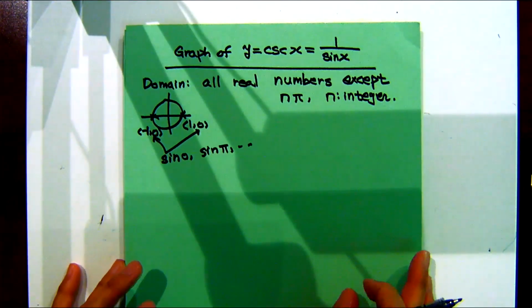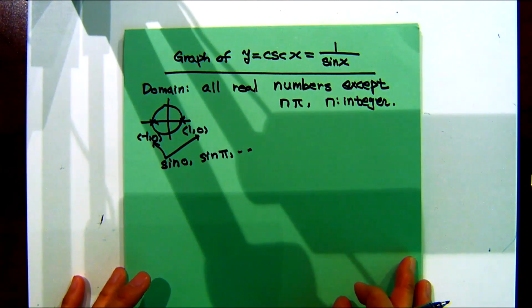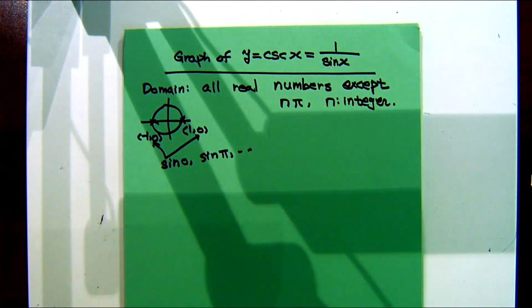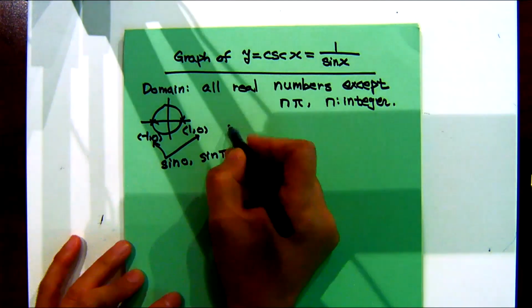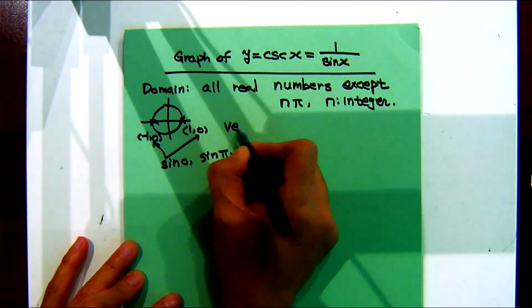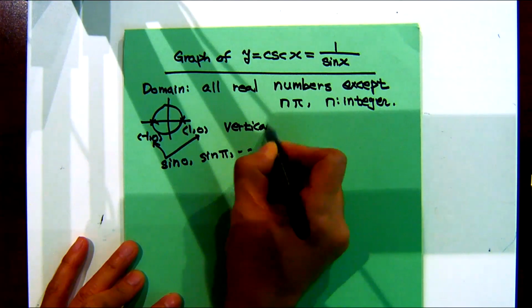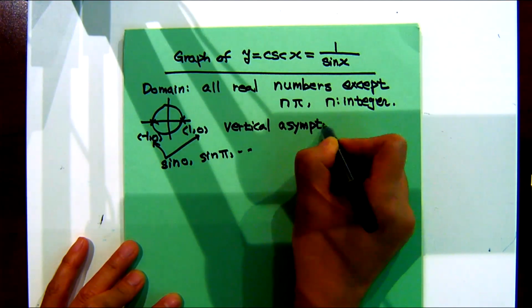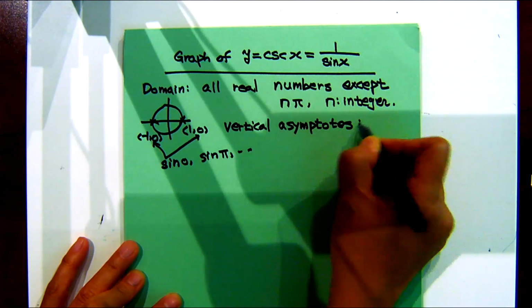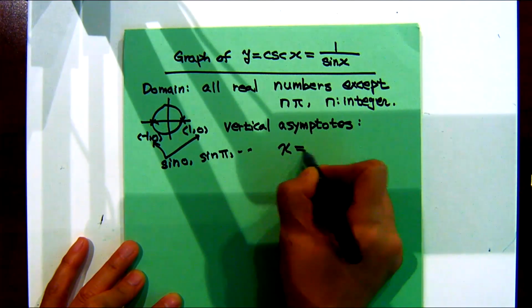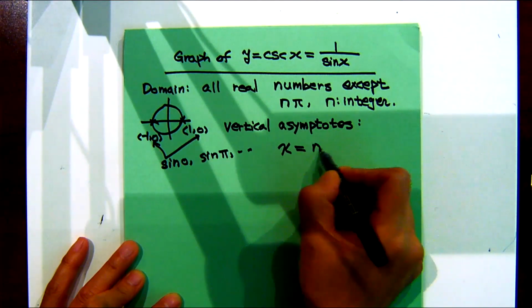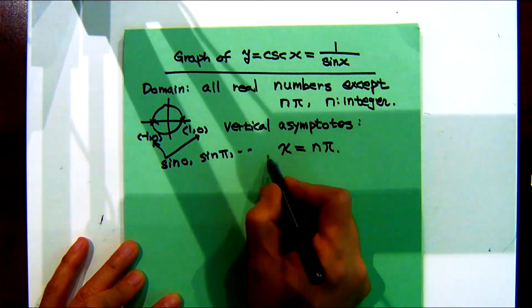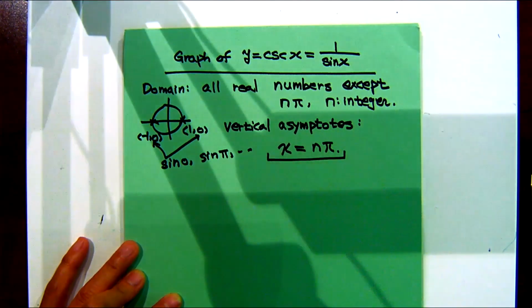Whenever we have places where the function is undefined, I said we have vertical asymptotes. Both vertical asymptotes are x equals n times pi. This is the equation of a vertical line, right?